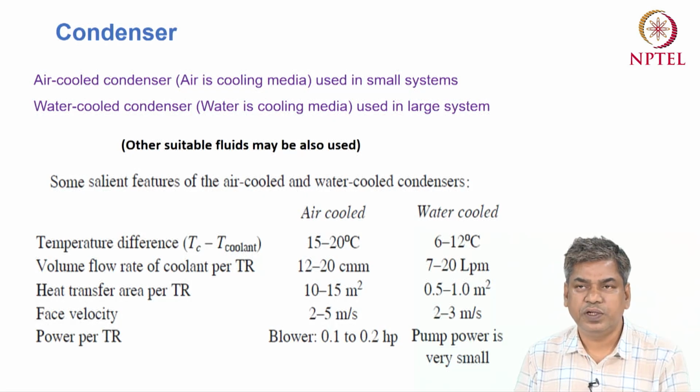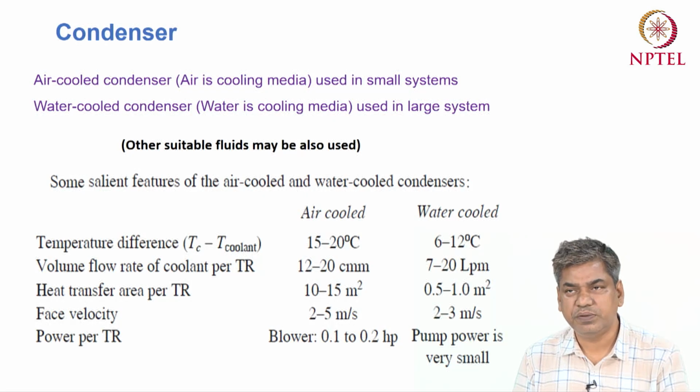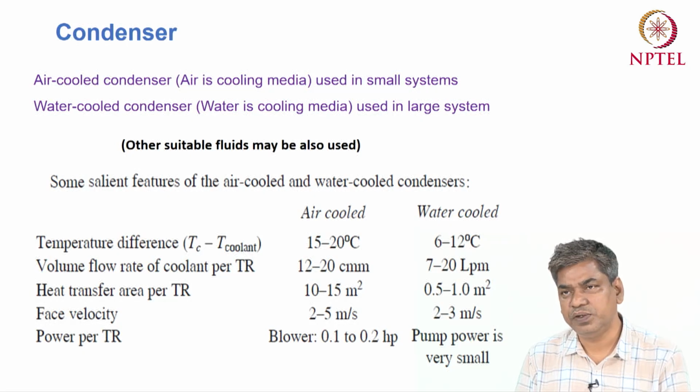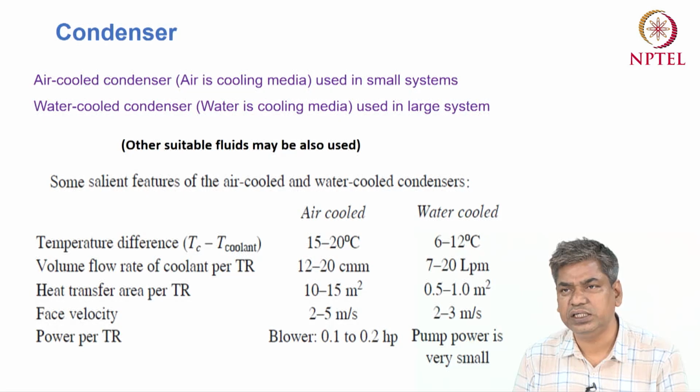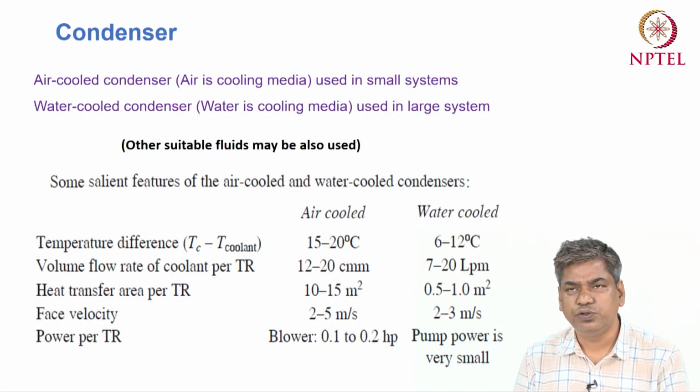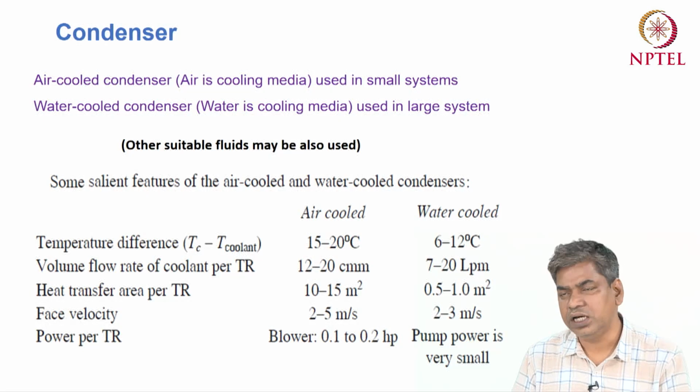These 2 to 3 meters per second is in general the optimum velocity, or in some cases down to 1 meter per second also. So in general the 1 to 3 meters per second velocity range is used to avoid both erosion and corrosion.